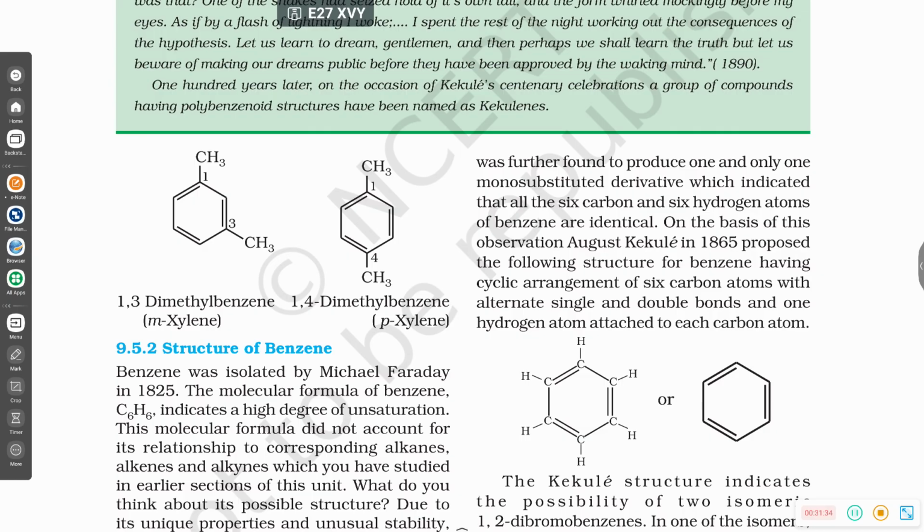By using that formula you calculate DU, which comes high. Initially they will think it may be 4 double bonds, it may be 2 triple bonds, like possibilities. But when doing reactions, here double bond is not there, here triple bond is not there. Like this, they come to an idea.